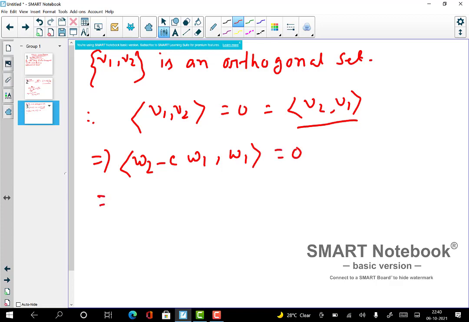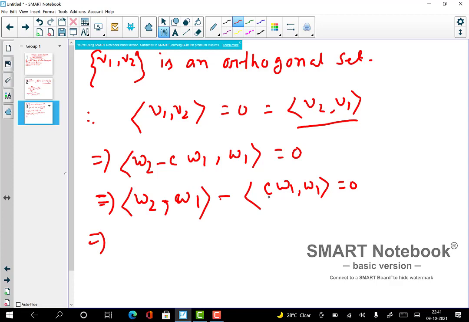So I use that property of inner product, that tells you this is W2 minus W1, and then W1 minus C W1 with W1 is 0. But the C will come outside, and hence you'll have C times norm of W1 squared, right? Because W1 inner product W1 is nothing but the norm of W1 squared.